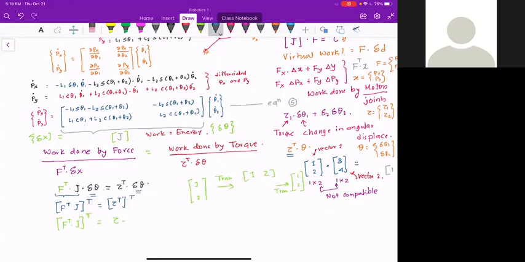And I just want to give you this matrix identity. If you have a matrix product AB, where A and B are matrices, when you transpose the product, the answer is B transpose A transpose. So if you take the transpose of this product, it's going to be J transpose F equal to tau.